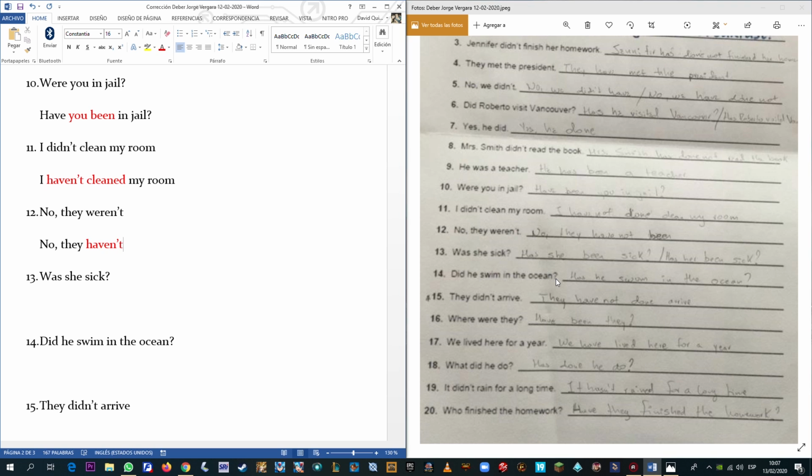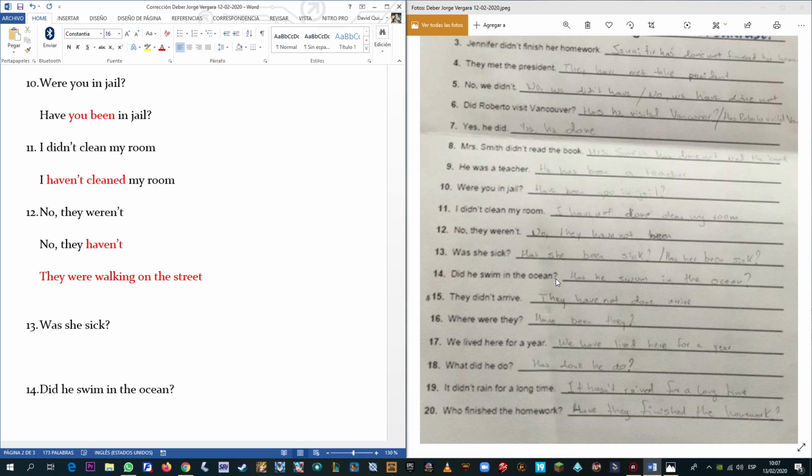Because if it was, for example, in a continuous way in simple past, and we have the following sentence, for example, they were, I don't know, they were walking on the street.